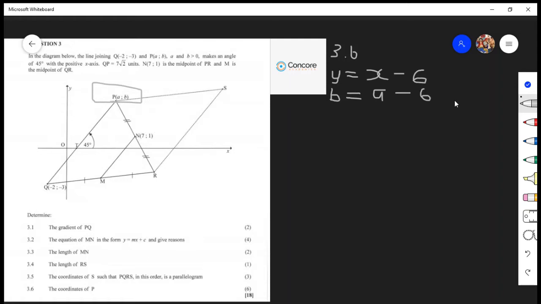Are you guys sure that the equation of PQ was x minus 6? Oh, okay. Did we calculate the equation of PQ? We didn't. Okay, let's try and calculate it then.